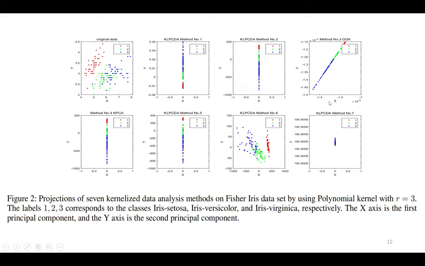Figure 2 shows the results on the Fisher iris dataset by using polynomial kernel with the parameter gamma equal to 3.